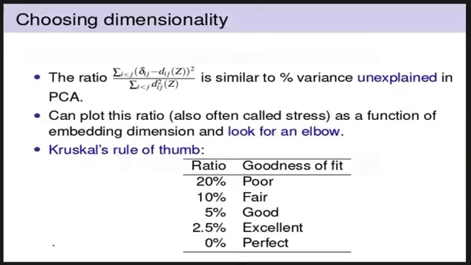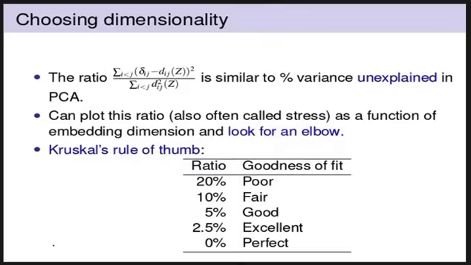Now the next question is, similar to principal component analysis, we may want to choose how many MDS dimensions, just like in principal component analysis, how many components. Do we choose two? Do we choose three, and so on? But in the case of principal component analysis, you focus attention on the one that explains the largest variance. Here, we don't talk about the one that explains the largest variance.